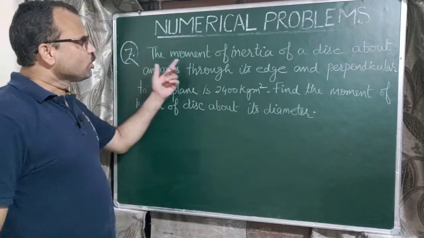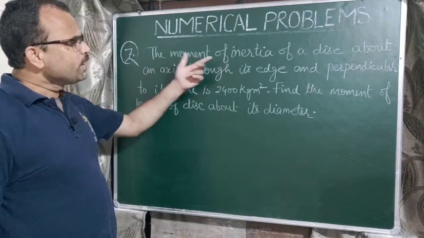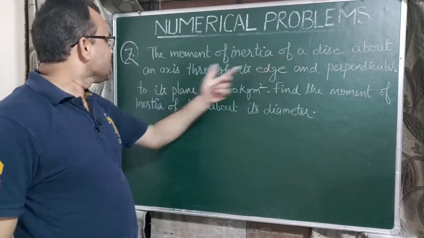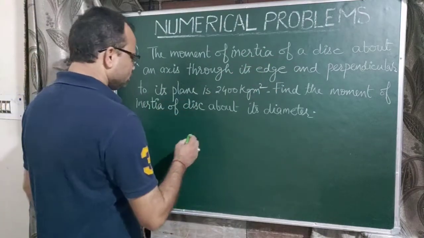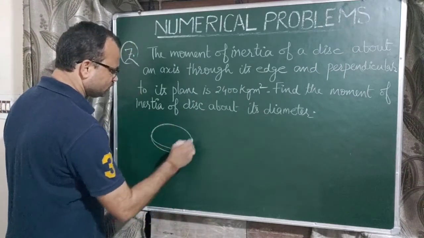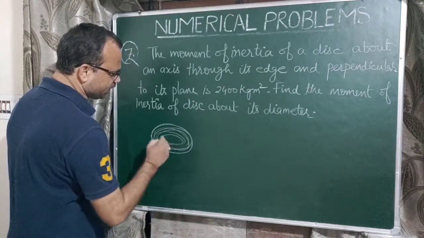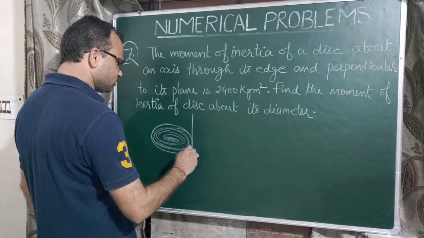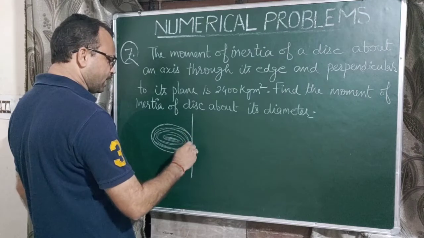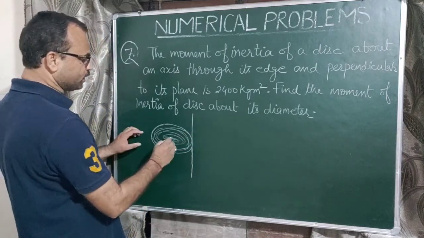Now note one more important problem: the moment of inertia of a disk about an axis through its edge. Okay, so let us see here, this is the disk, and the axis passes through its edge and perpendicular to its plane.